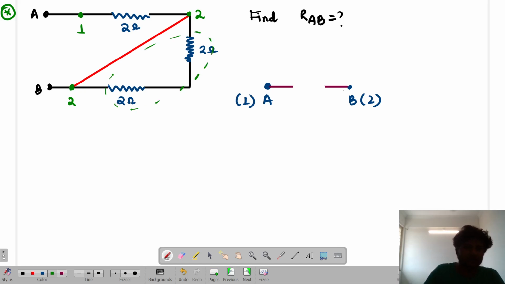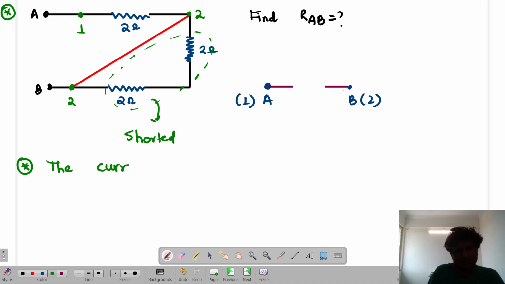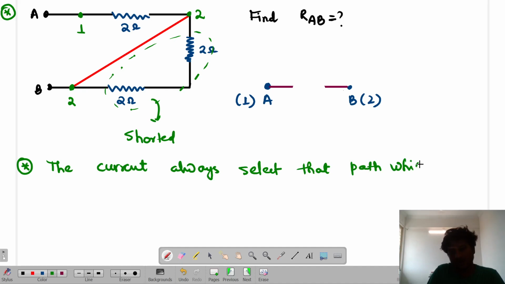Shorted. The meaning of that is very, very simple. You should always remember that the current always selects that path which has less resistance.